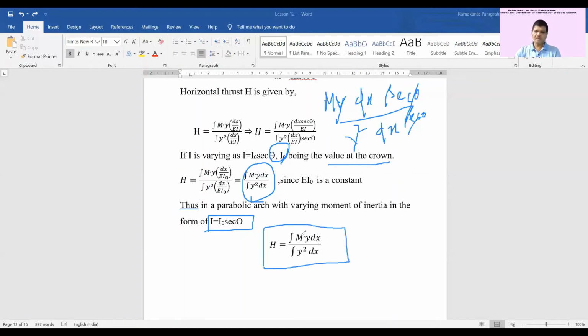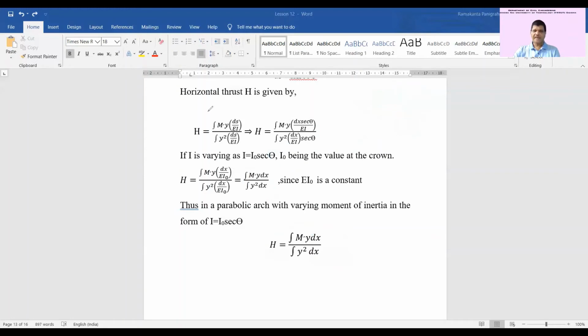So this is the formula developed for two-hinged parabolic arches, in which you can directly put the equations and find the values independently. What is M', what is y square, what is the integration of this, and then you can find the value of h, the horizontal thrust.